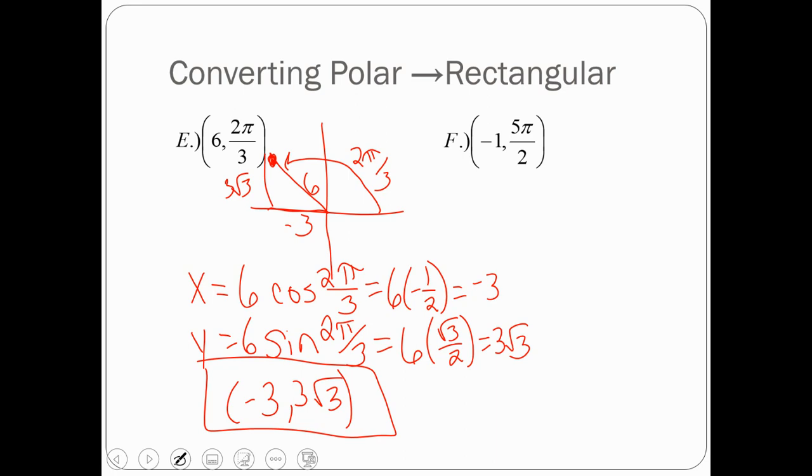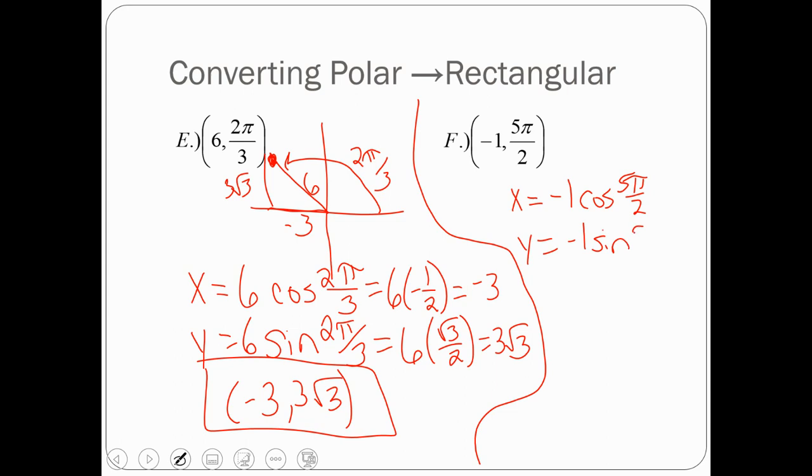It will work for -1, 5 pi over 2 as well. Let me try to draw a line here. 5 pi over 2, it will still work. So you have x equals -1 times the cosine of 5 pi over 2, and y is equal to -1 times the sine of 5 pi over 2.